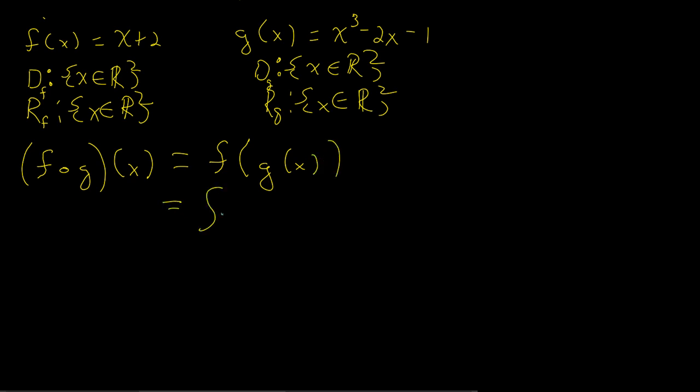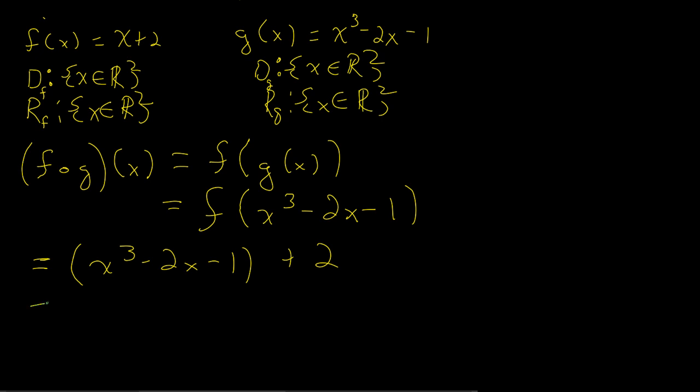That means I put into f the rule of g, which means wherever I see the x, I drop in g, and then I combine like terms. So x cubed minus 2x minus 1 and a positive 2 is plus 1.